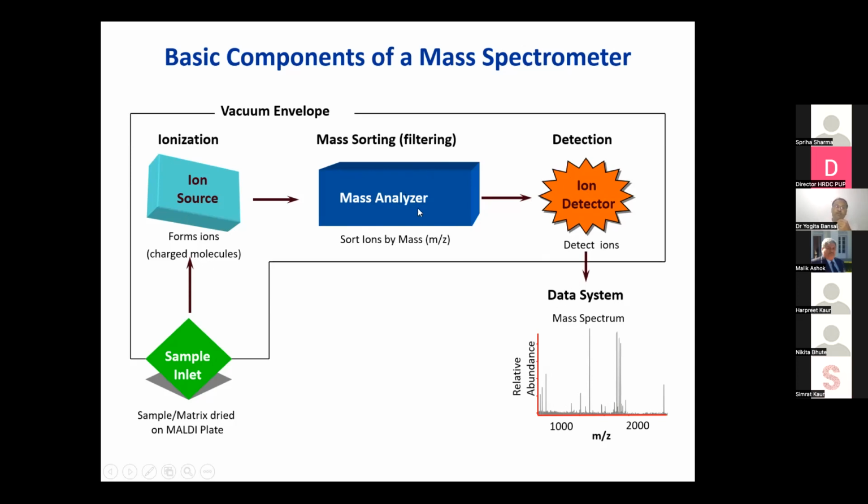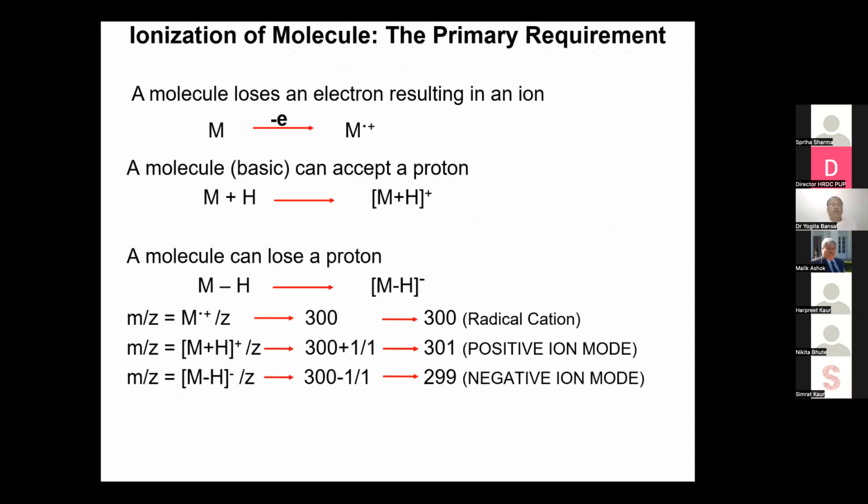So ion source and mass analyzer, these are the two most important, most critical components of any mass spectrometer. And the combination of these two governs the sensitivity and the ionization of a molecule.